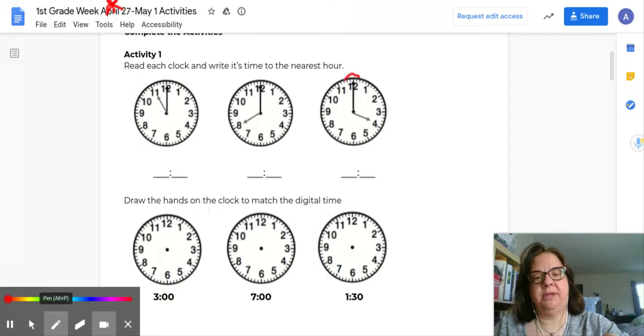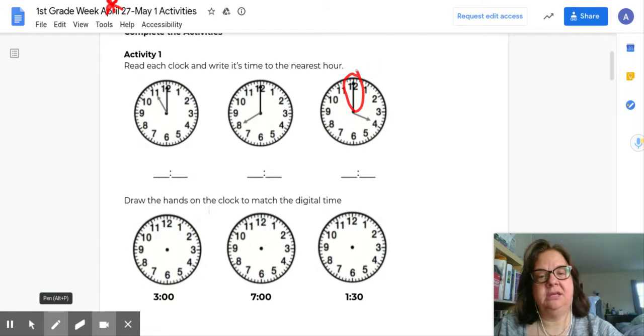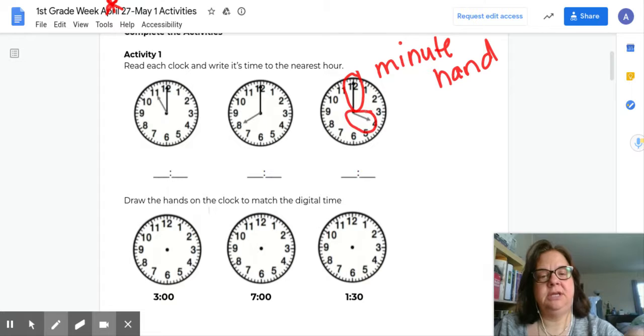It's the one that points to the minutes. This is the minute hand. And the shorter one is the hour hand. It tells the hour that we are on.